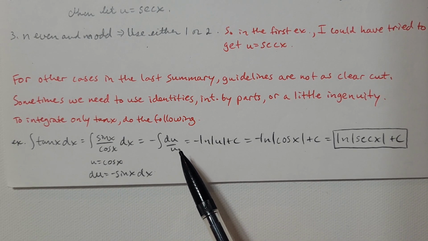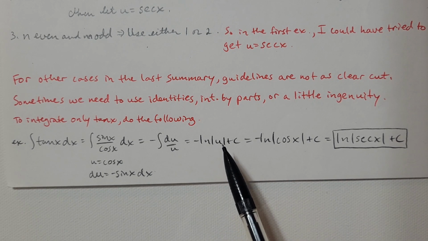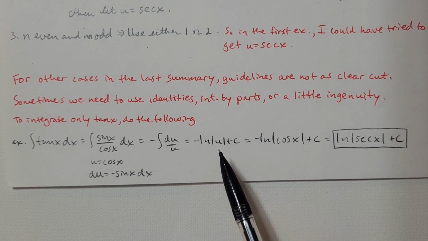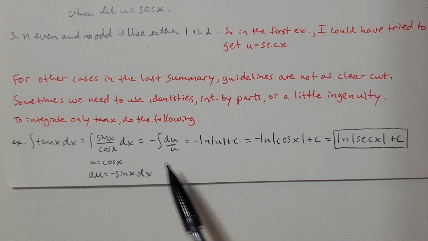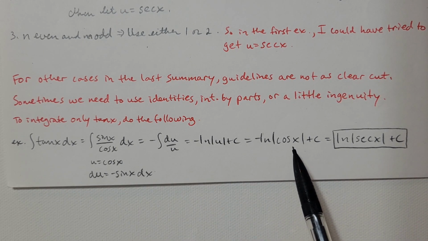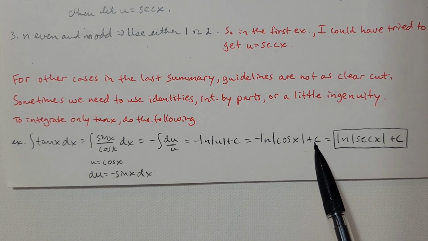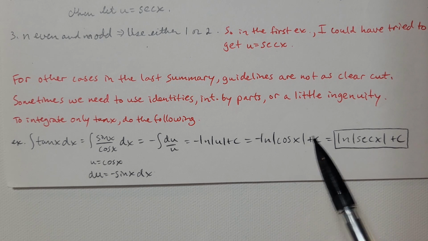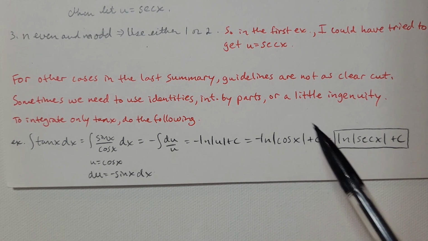The antiderivative of 1 over u is the ln of the absolute value of u. Don't forget the absolute value bars, that's critical here. We've got a negative in front, plus a constant. U is cosine of x, so negative the ln of the absolute value of cosine of x plus a constant. That would be an answer that I would accept if you were to circle this answer right here.